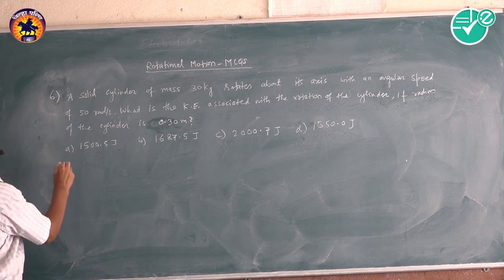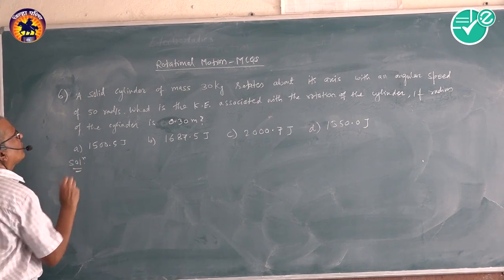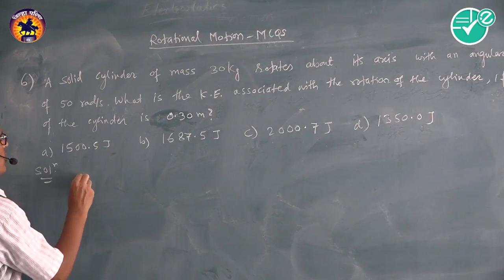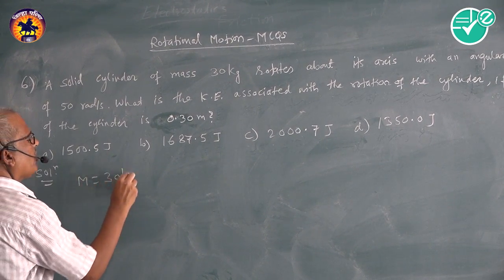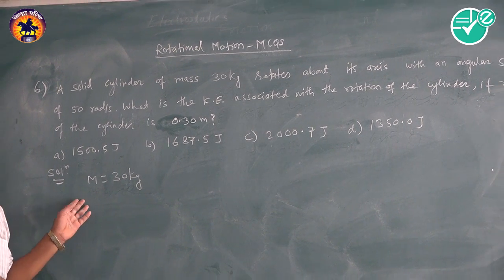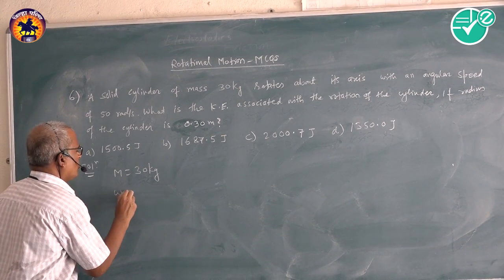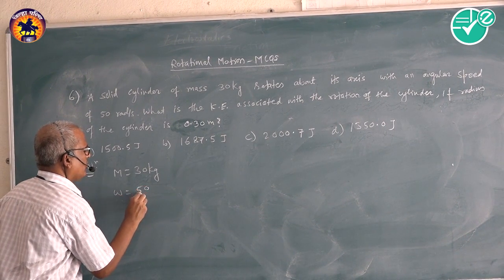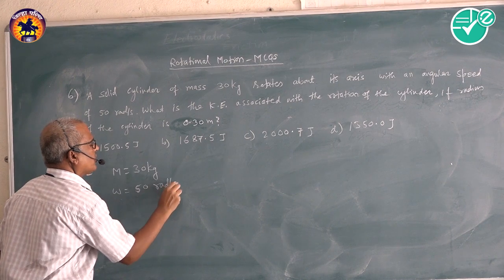Now, solution. Solid cylinder of mass, you write mass, that is 30 kilogram. Rotates about its axis with an angular speed of 50 rad per second. So omega is equal to 50 rad per second.